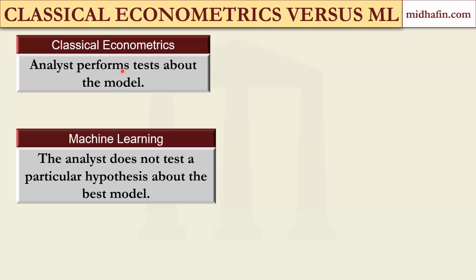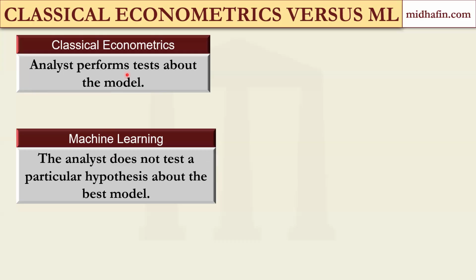Then in classical econometrics, after building the model, the analyst will run a series of formal hypothesis tests. It can be Z test, T test or joint tests. T test will be the statistical significance test. F test can be the joint test.